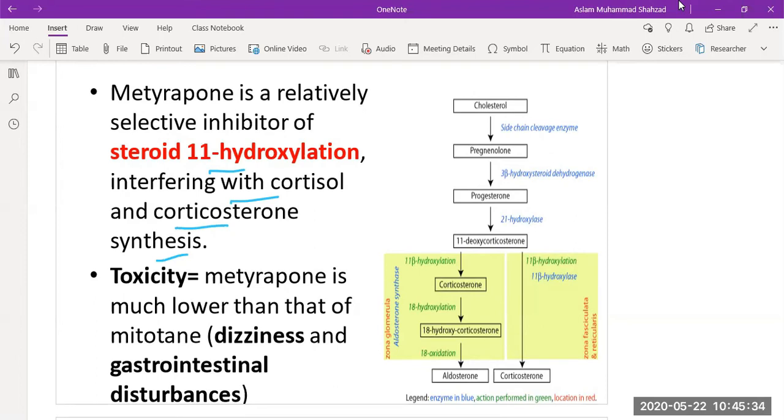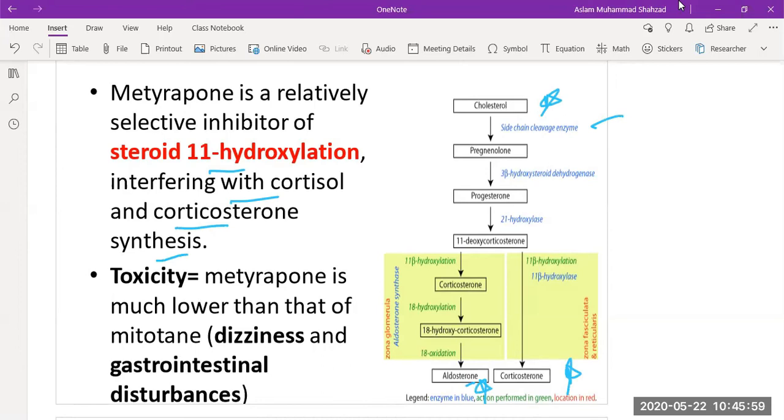And 11-deoxycorticosterone, in the presence of different enzymes, is converted into corticosterone, which then produces aldosterone. So you have to understand that cholesterol, in short, is responsible for the production of aldosterone and corticosterone. So you don't need to see the mechanism, as we discussed it in another lecture.